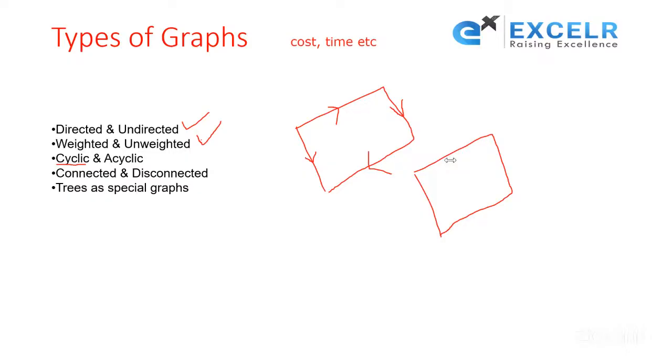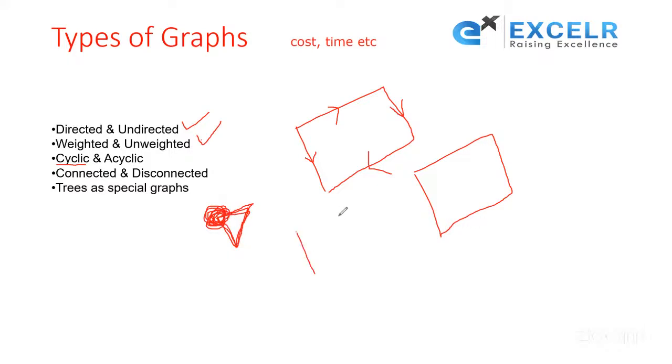See, simply, a cyclic graph is a graph where there are cycles. So what do you mean by a cycle? A cycle is simply when the starting and ending vertex is the same. For example, if this is a graph, see here, there is a cycle. From this vertex there is a path, then another path, and then another path back to the same vertex. So it is forming a kind of loop. The starting and ending vertex is the same after coming through several other paths.